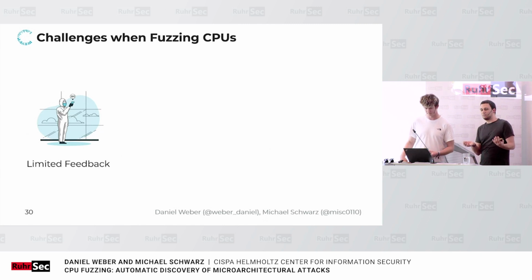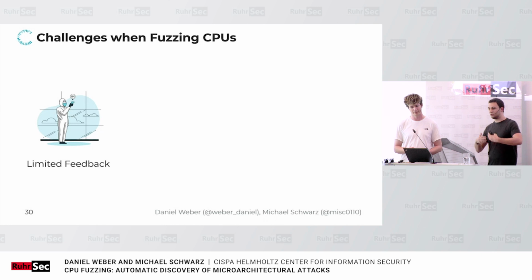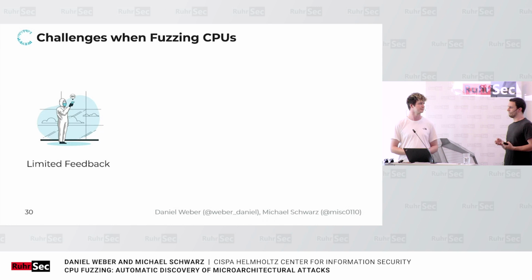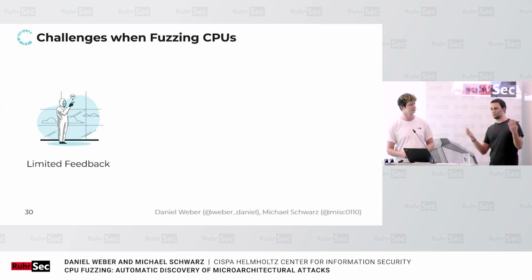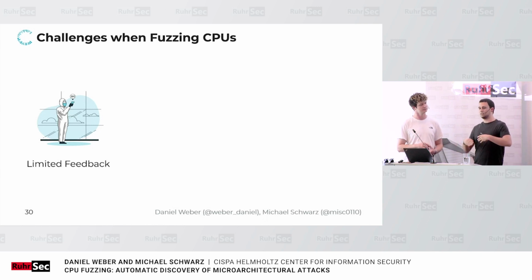Also, for fuzzing, we typically need some form of instrumentation so that we see where we are, what we already covered. And this is really difficult in a CPU because we cannot add probes into the CPU. So if you try that, yes, maybe, but we have extremely limited feedback. And it's not the only problem we have. So for software, yes, we crash it, we start it again, it has a clean state, and we can do the same things over and over again.